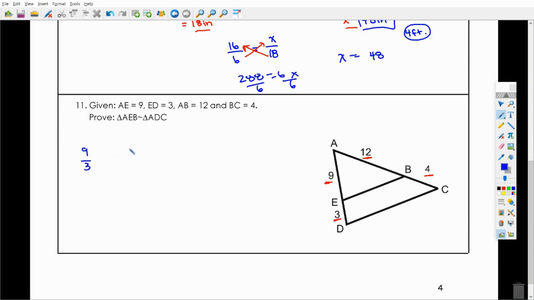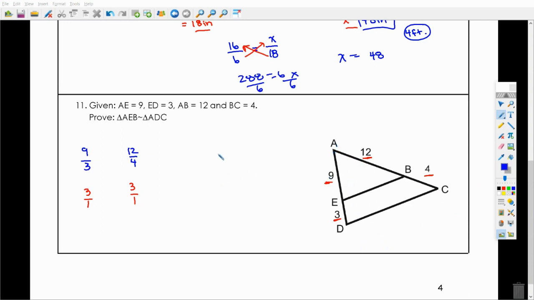So here we could put 9 over 3, and then 12 over 4. See if those proportions are proportional. So you get 3 over 1, 3 over 1. So we know the two sides of the triangles are similar.